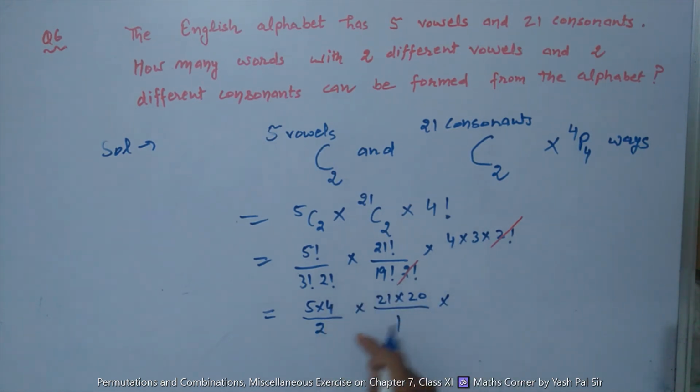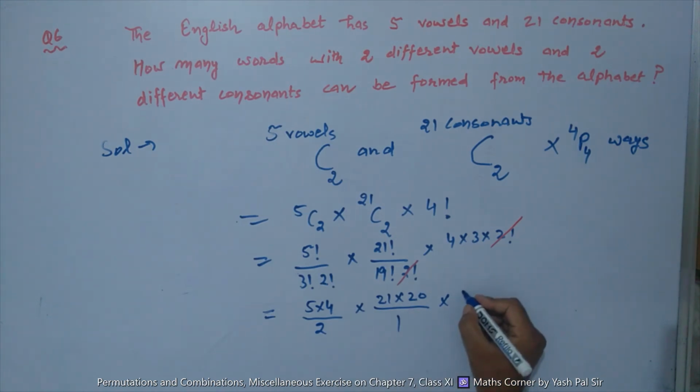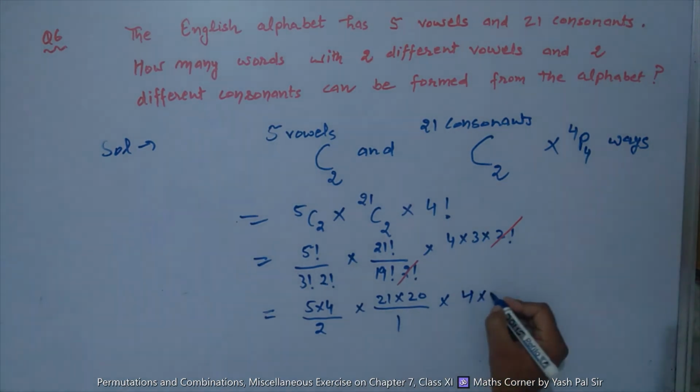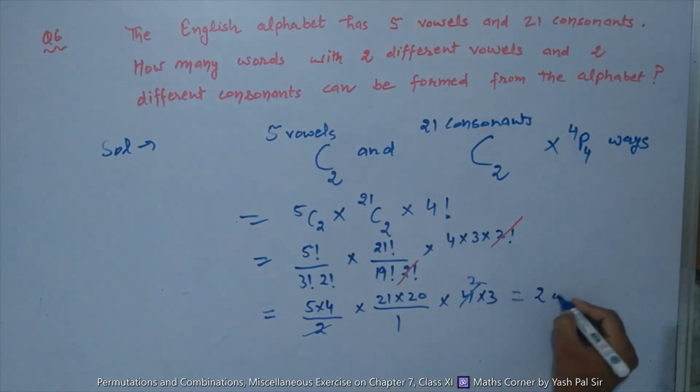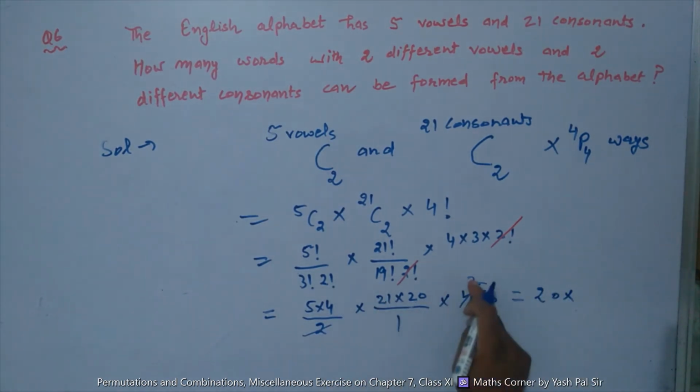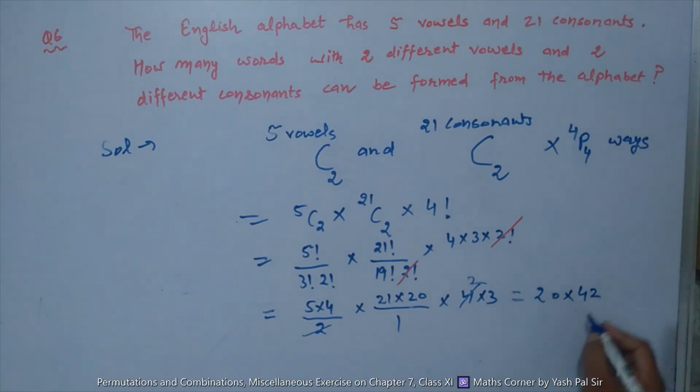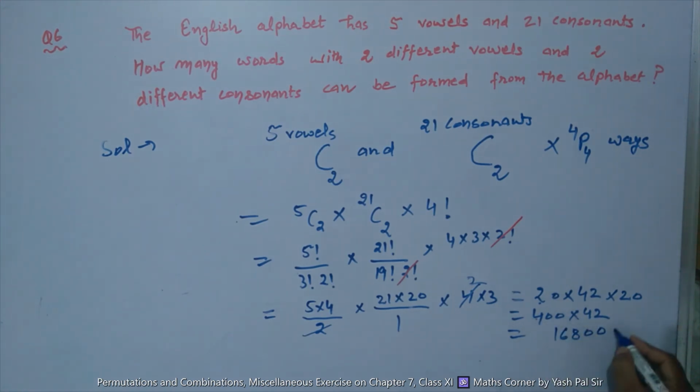Now 2 2s are 4, so this is equal to 5 4s are 20 into 21 into 2, 42, into again 20. So 2 2s are 4, 400 into 42, which is equal to 16,800 ways.